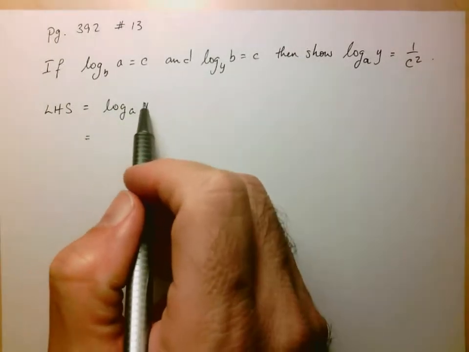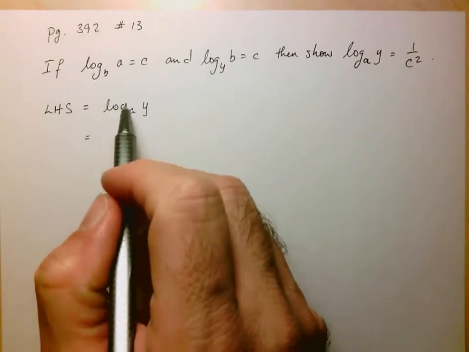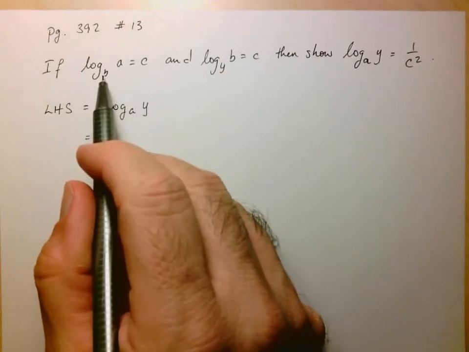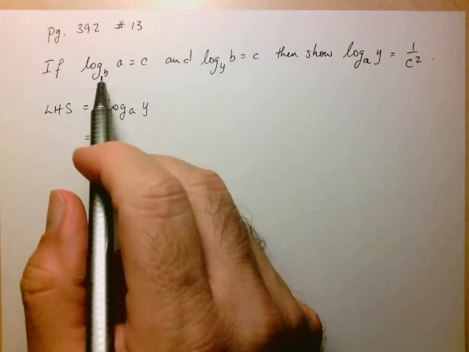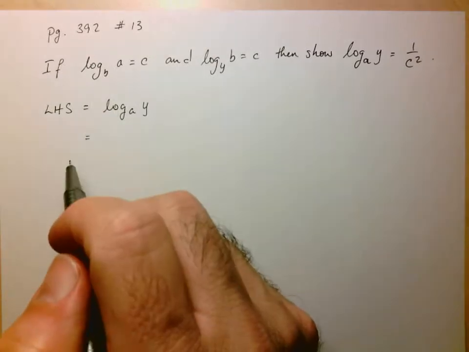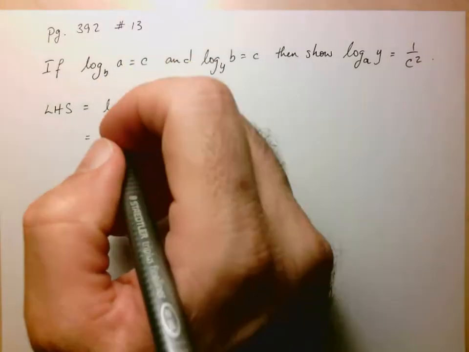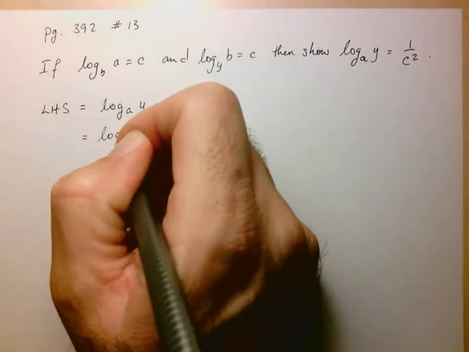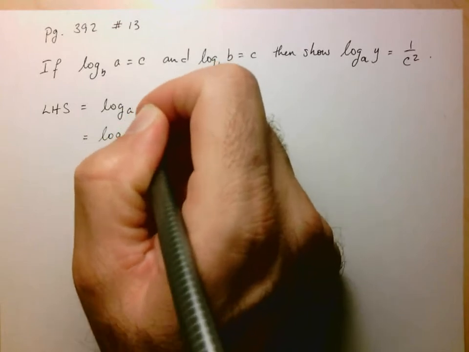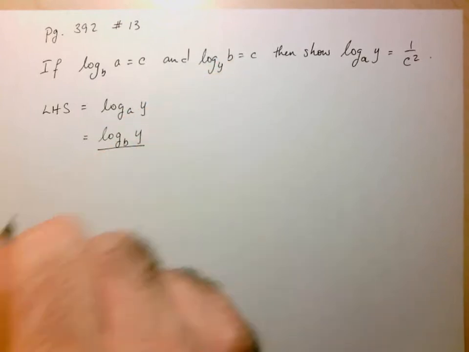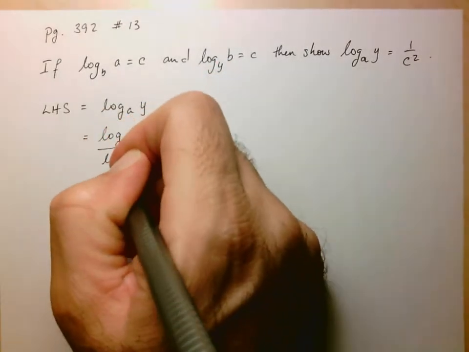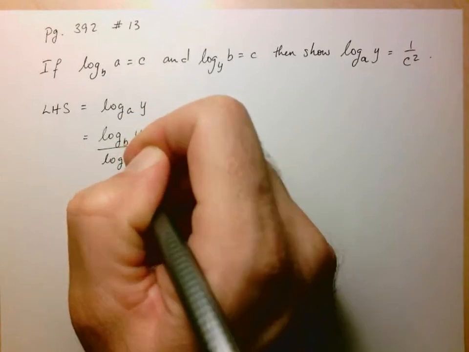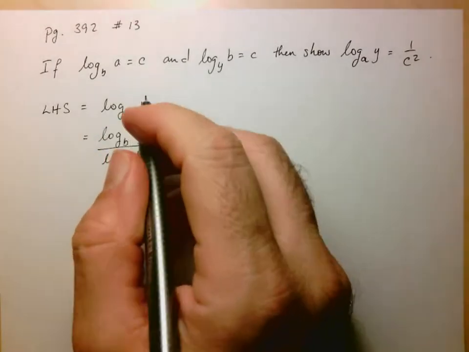So I'm going to take this expression and change it to the base that's being used in this first equation. So I'm going to change it to base b. This is going to be log base b of the original input, y, and in the denominator, log base b of the original base, which is a.